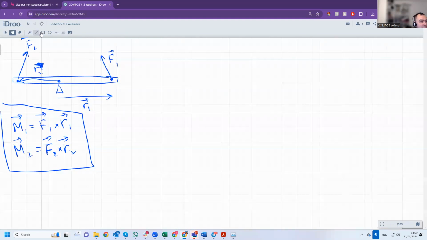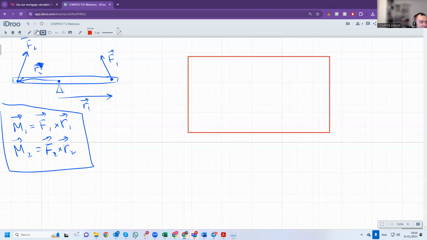For example, if you have a more complicated case, you have a pivot, which is here, and you have a force applied here, F1, and you have a vector to the point of application here, R1. And then you have a vector R2, and the force is like this, F2.